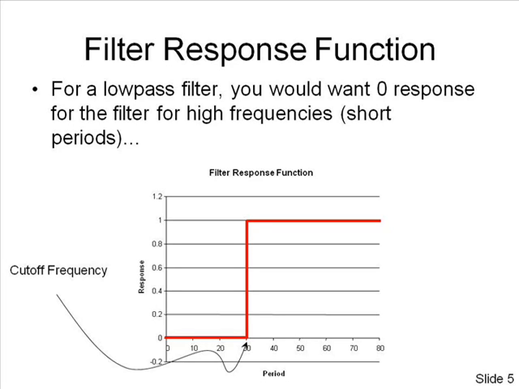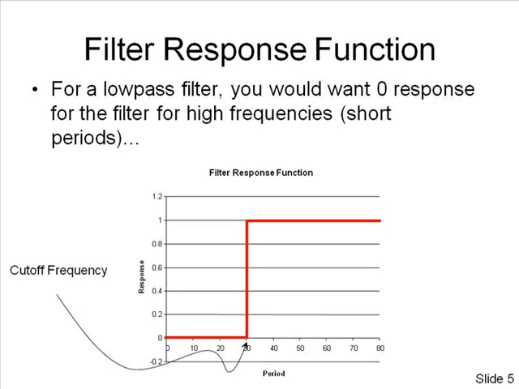Now, ideally, if this was working perfectly, a low-pass filter would have a filter response function that would look something like this diagram right here. You would want the filter to not pass any signals between a period of 0 days and your cutoff frequency, which we used as 30, corresponding to a period of 30 days. So you'd have zero response.